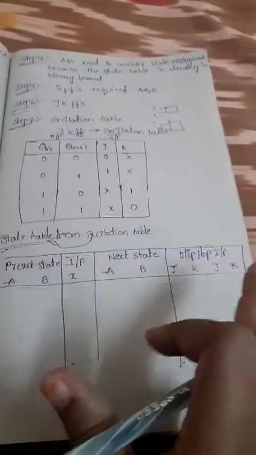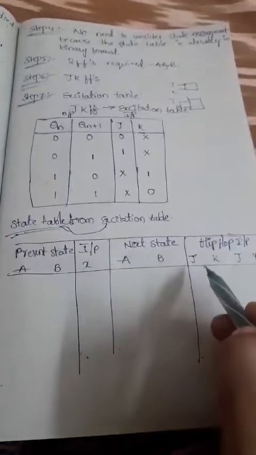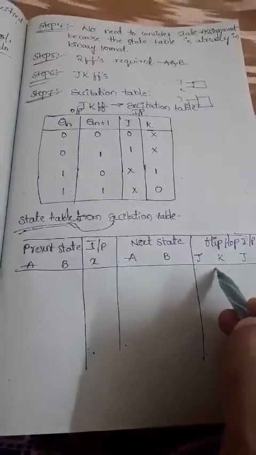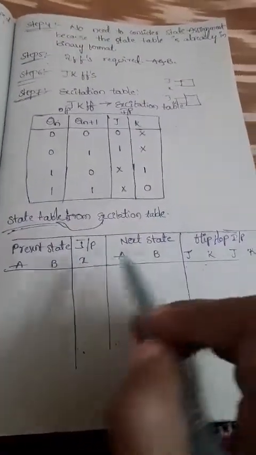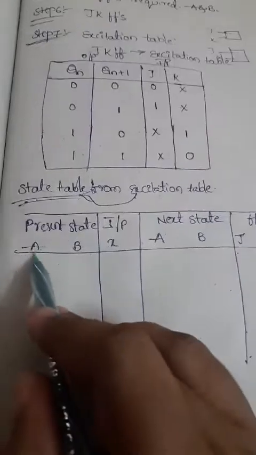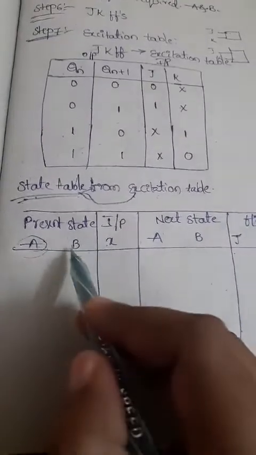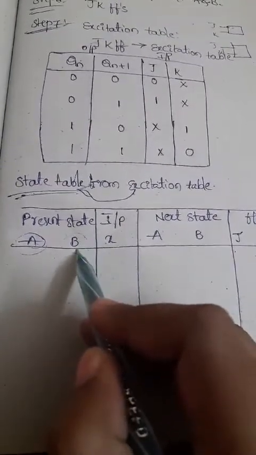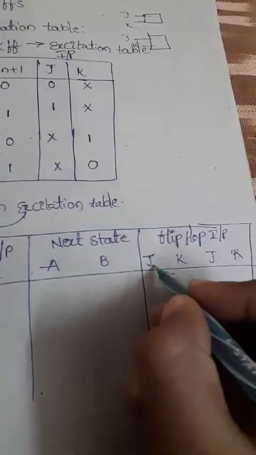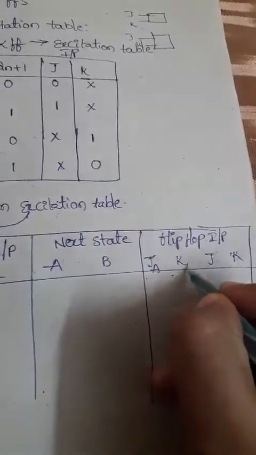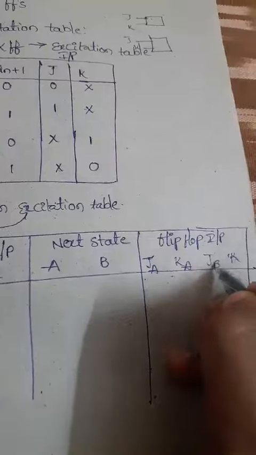The first JK is the input of the first flip-flop, with input variable A, and the second JK is for the second flip-flop, with variable B. Like that you can mention.